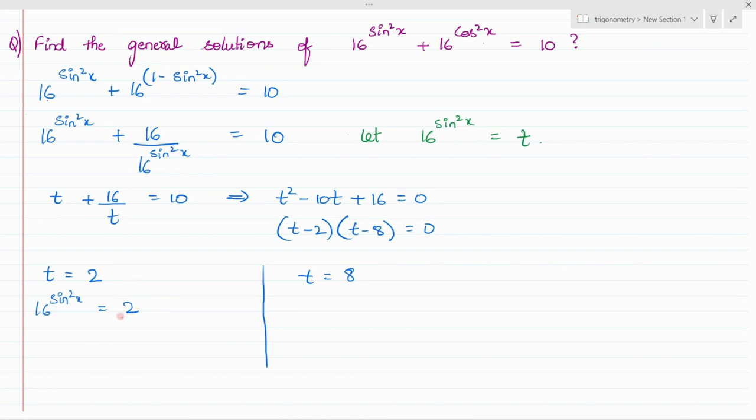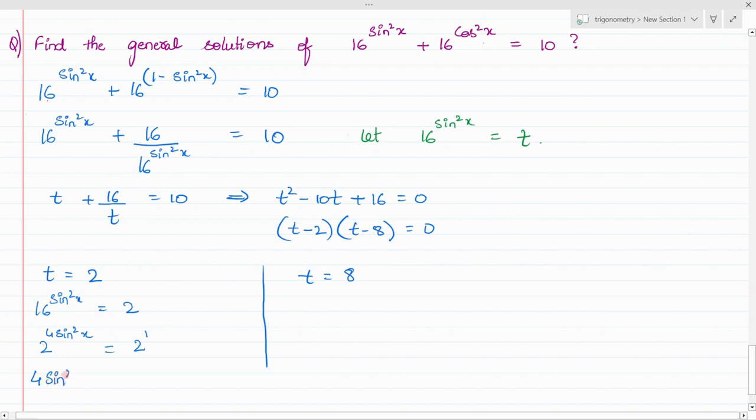As we have base 2 on the RHS side, so convert LHS in such a way that 2 should be at the base. 16 we can write as 2 power 4 into sine square x as 2 power 1. Now bases are equal, just equate the powers.